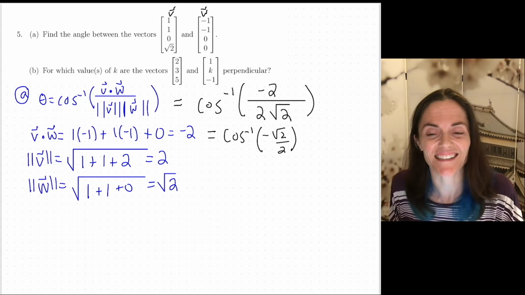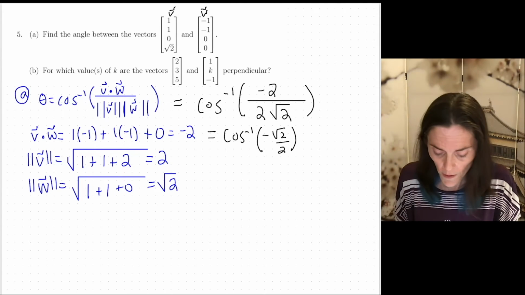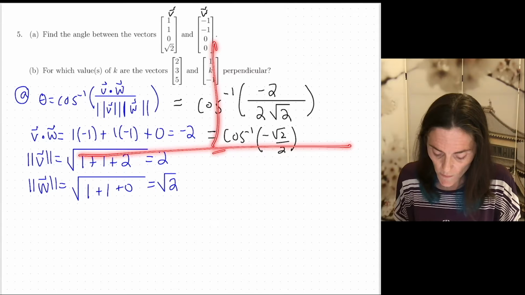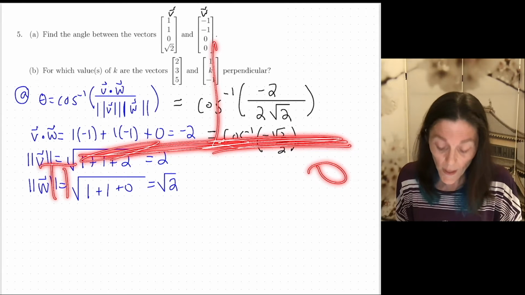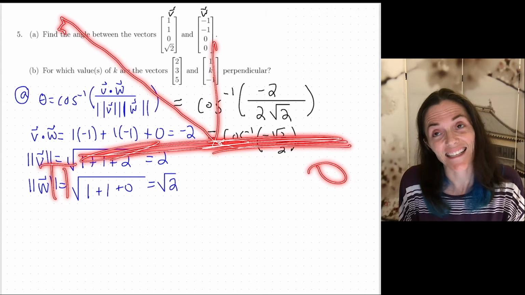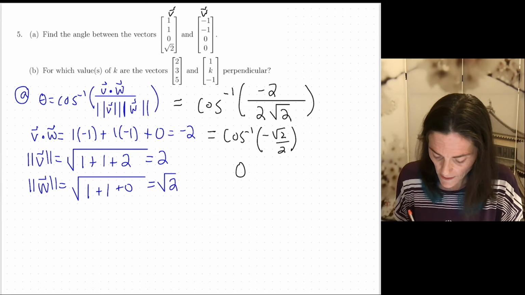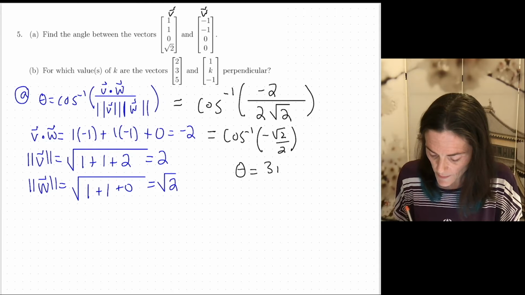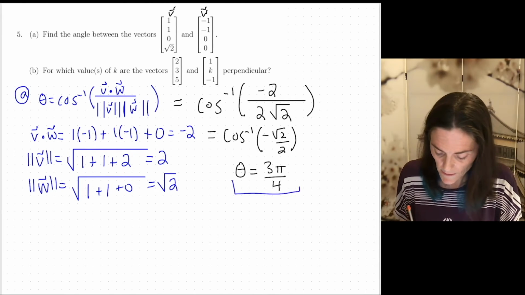And now you can start to see, okay, it says the reference angle is pi over 4. Cosine inverse gives you something between 0 and pi, but it's negative, so it's going to be here, right? Cosine is negative is what I meant. So this is 3 pi over 4. Theta is 3 pi over 4. This is the angle between these 2 vectors.